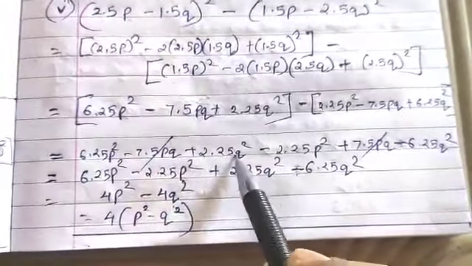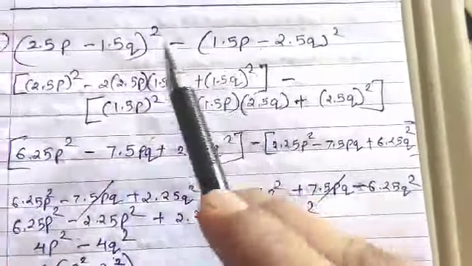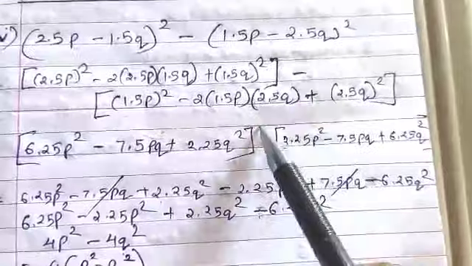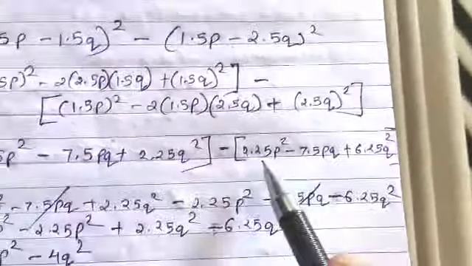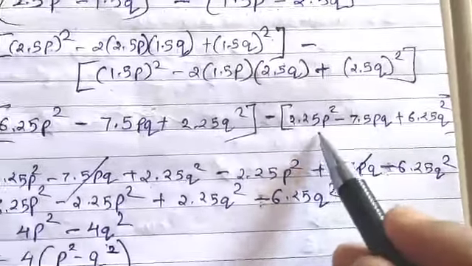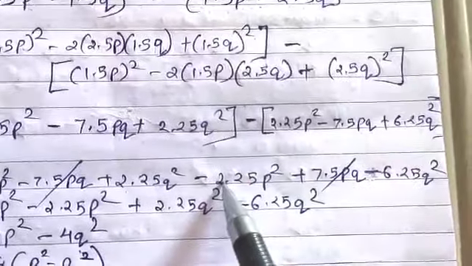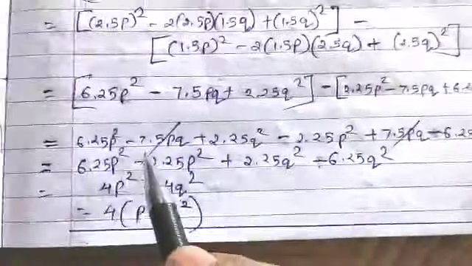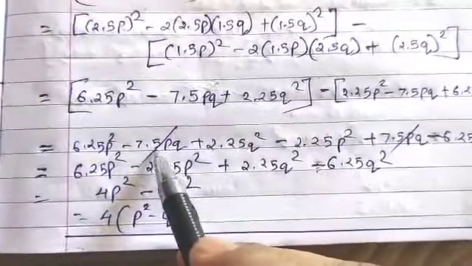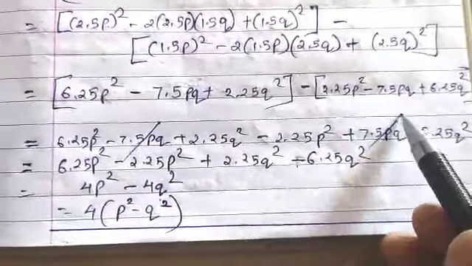There is no change in sign in the first bracket, but here minus is there in the question, so while opening the bracket you have to change the sign of each term: positive 2.25p² will become negative 2.25p², negative will become positive, positive will become negative. Now see if any term is possible to cancel. Yes, minus 7.5pq and plus 7.5pq will get cancelled.